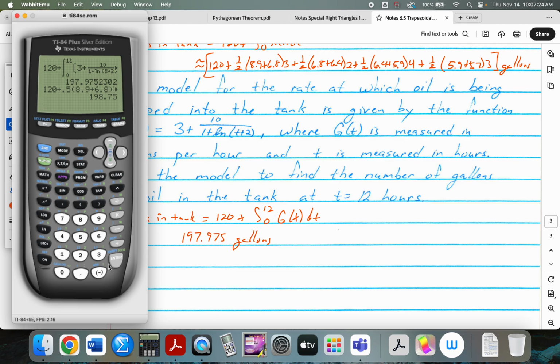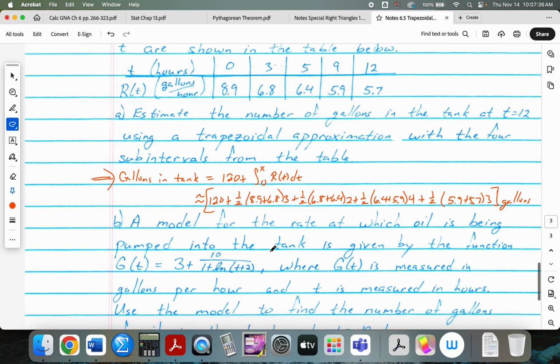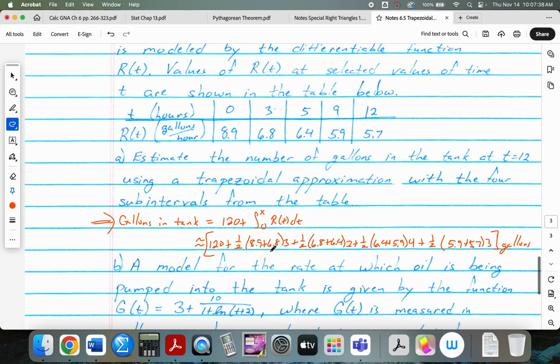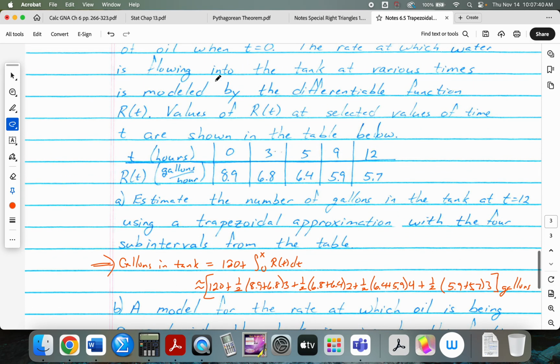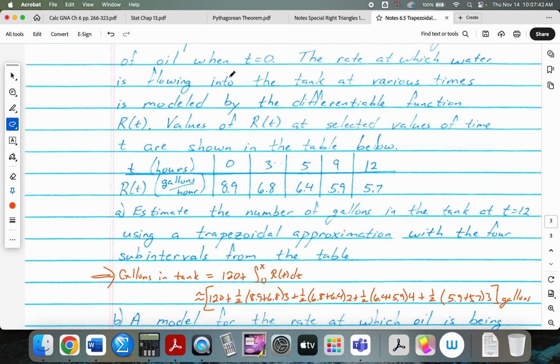I think what they hoped on this is that if you didn't add on the 120, somewhere in your brain you would go, now hang on a minute. The oil is flowing into the tank at a positive rate.